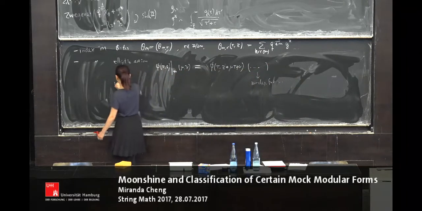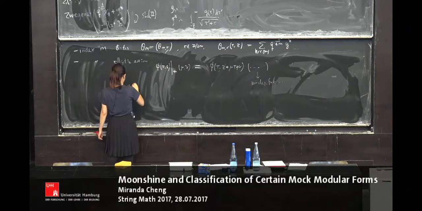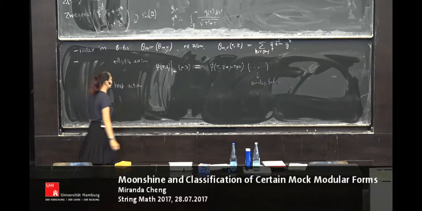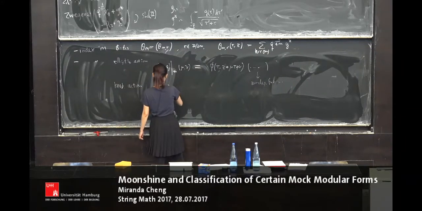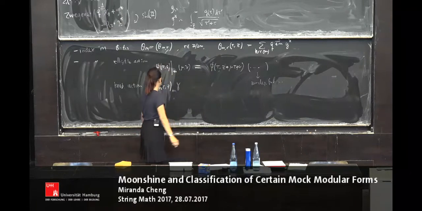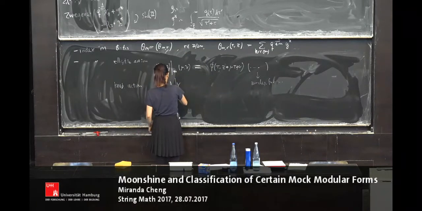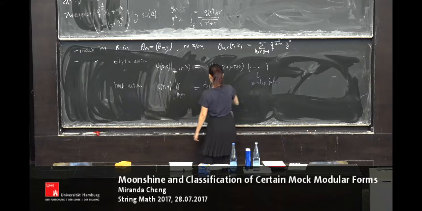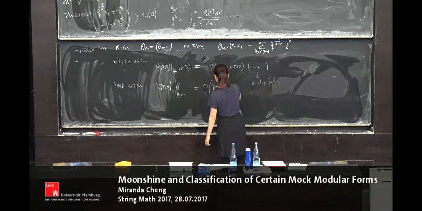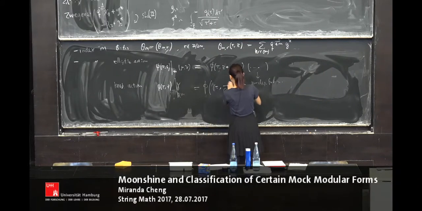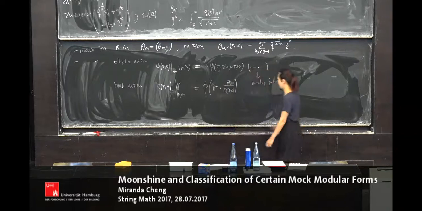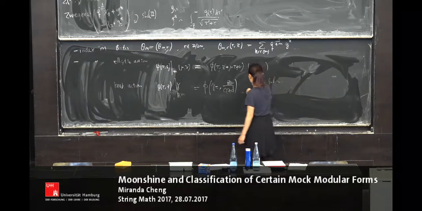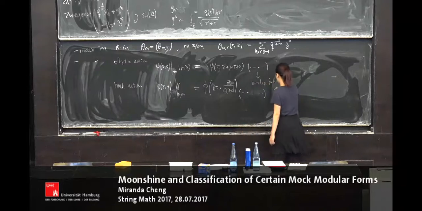And the modular action of weight k, similarly, what you do is you map tau to the usual gamma of tau, which is (a tau plus b) over (c tau plus d), and then rescale z in a certain way like this, plus again some m-dependent factor, and the usual weight factor here.